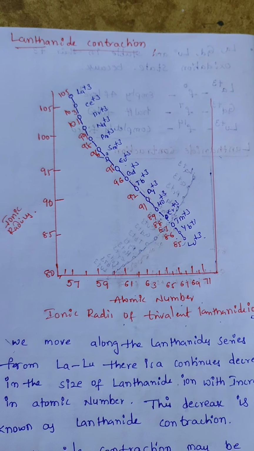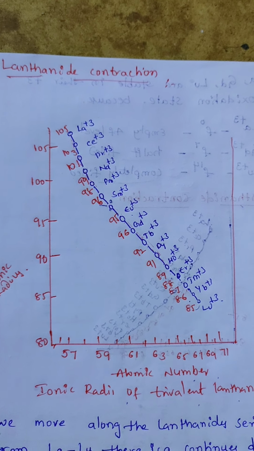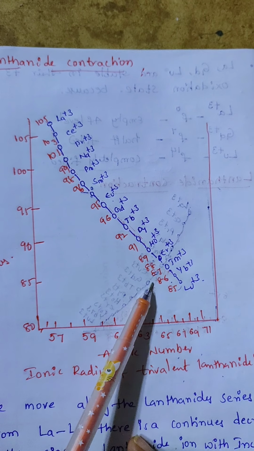But coming to the lanthanide series, here this is lanthanum to lutetium.